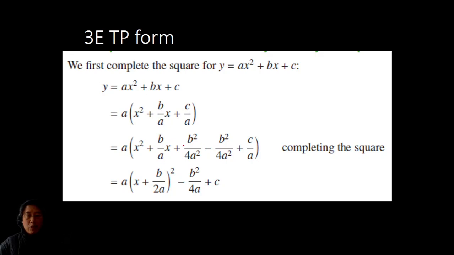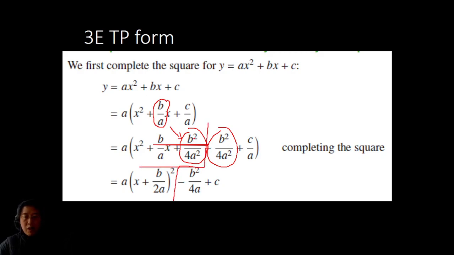And then you will complete the square by creating a third term. That b over a, you divide by 2 and you square it, which is what we get over here. And then we subtract the same term, so that those two cancel out, that equals 0.